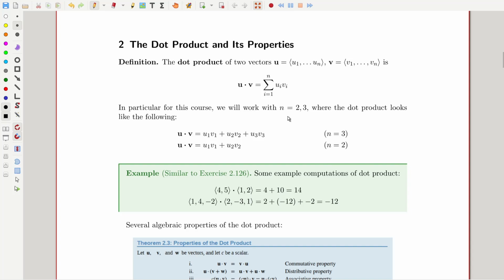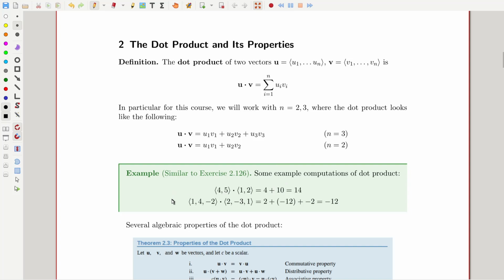Right. For our course, we're going to be focused on two-dimensional space and three-dimensional space. So our vectors will live in two space and three space, which means that we only really need n equals 2 and 3, which the dot product then looks like this explicitly.